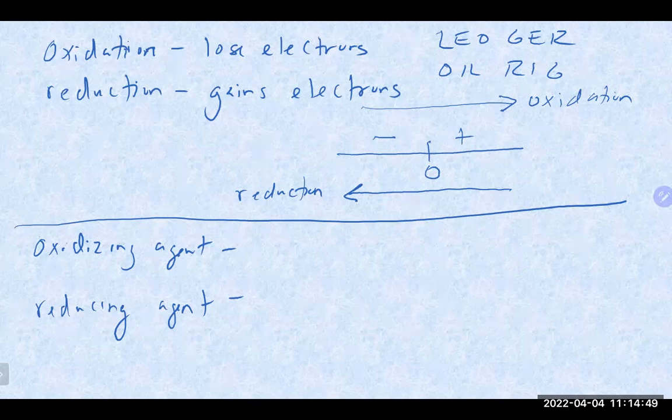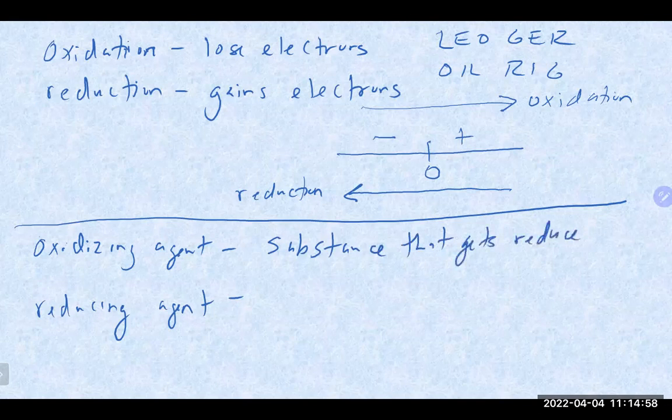So the oxidizing agent is the substance that gets reduced, while the reducing agent is the substance that gets oxidized.